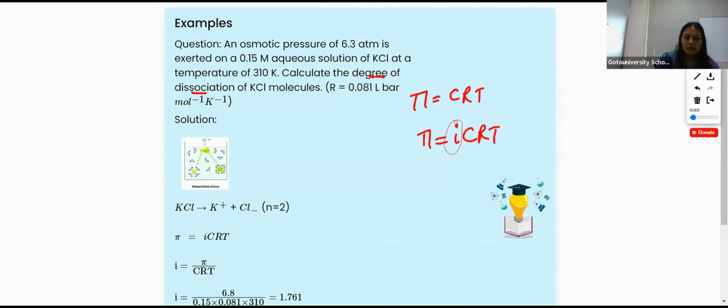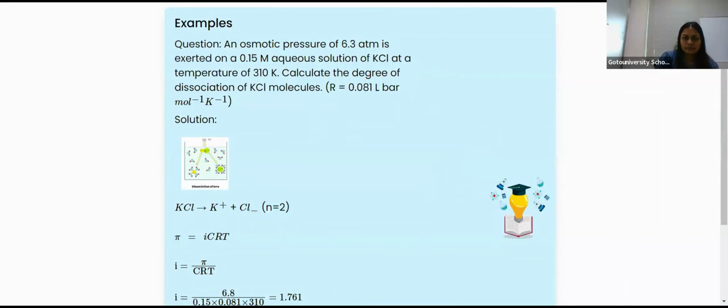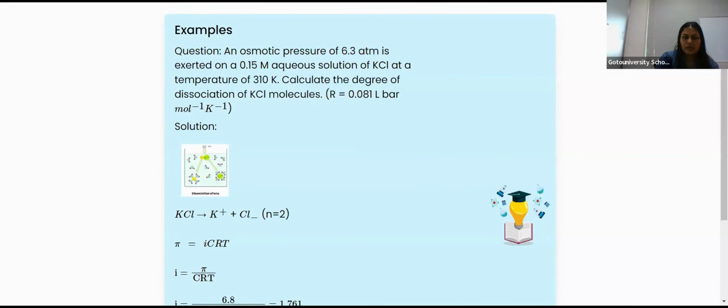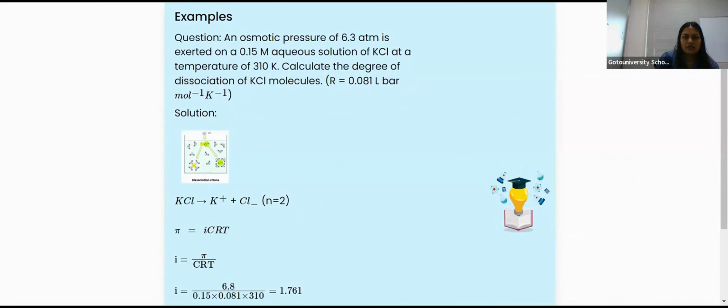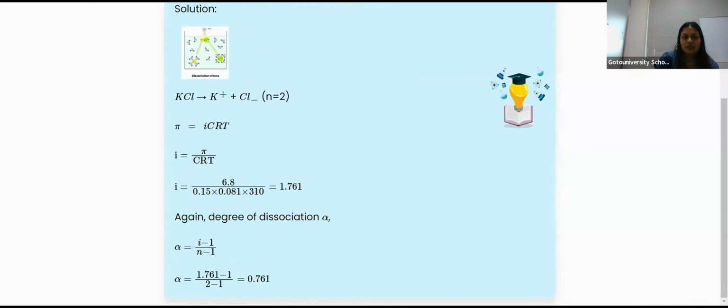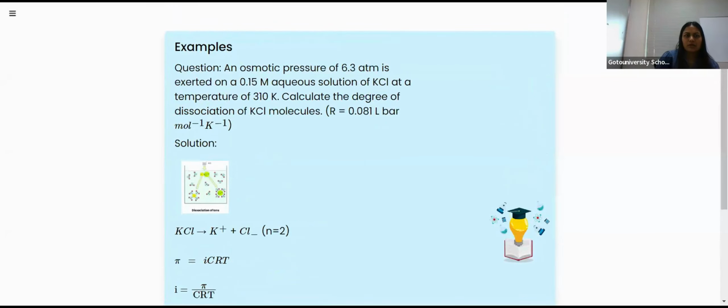We can calculate it, right? i will become equal to pi over CRT. We know the value of C, the value of R is given, and the temperature value is given as 310. So we can easily calculate the degree of dissociation here.